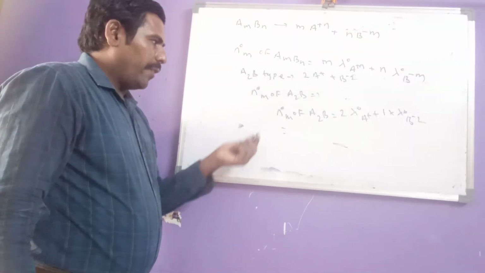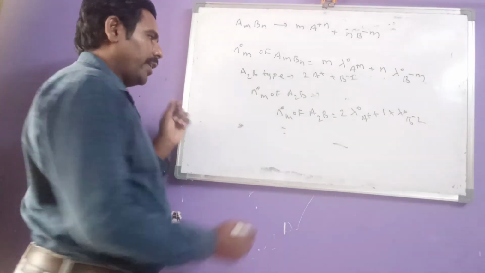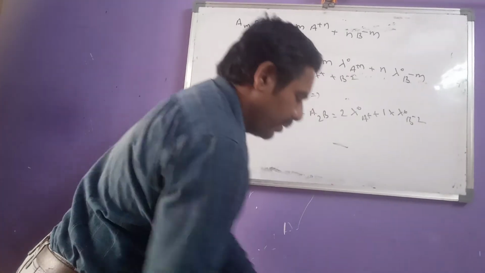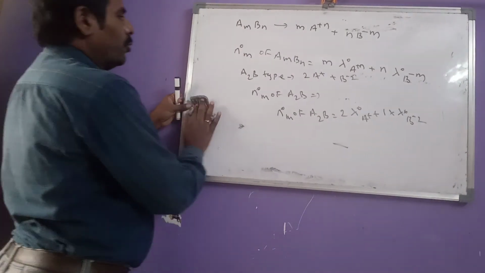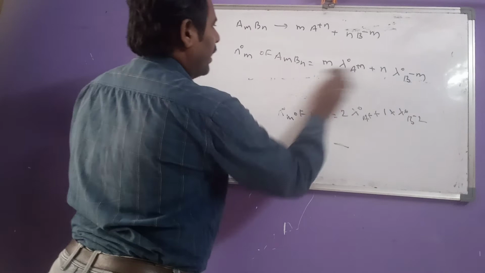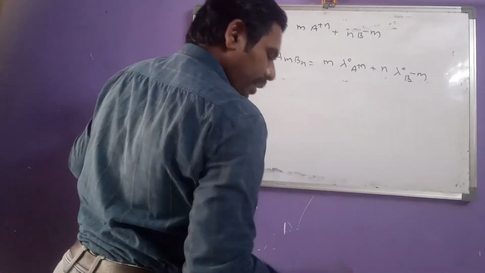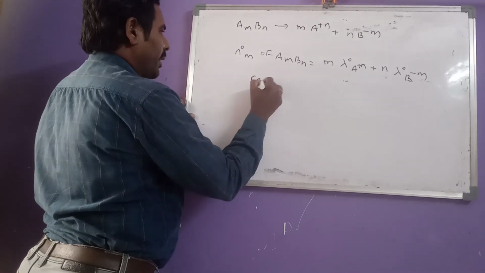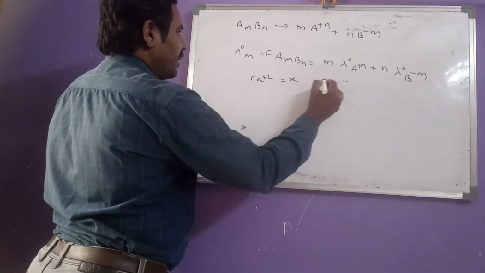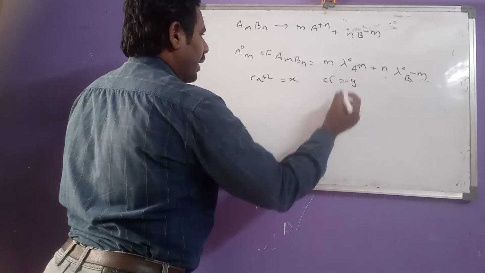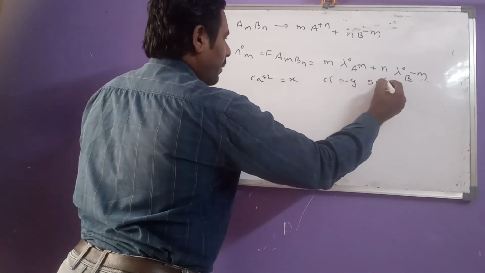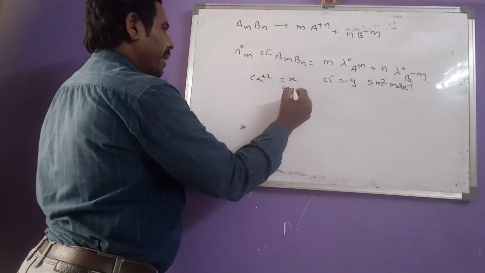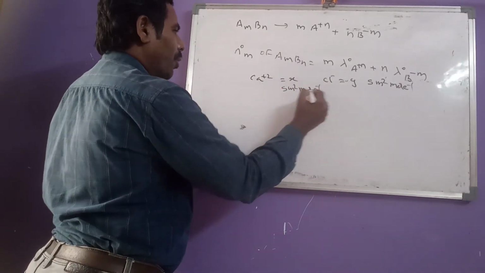So one example I will give for this. For example, ionic conductivities of Ca2+ and Cl- ions. Ca2+ is X, Cl- is Y. Of course, Siemens meter square per mole.